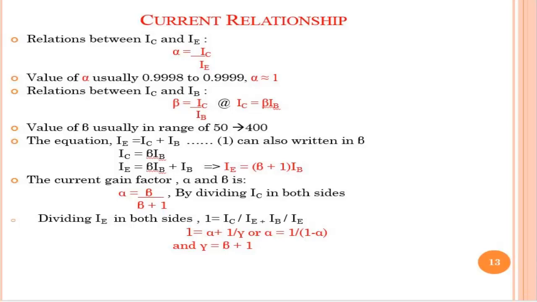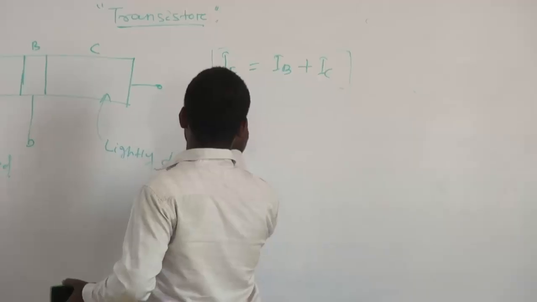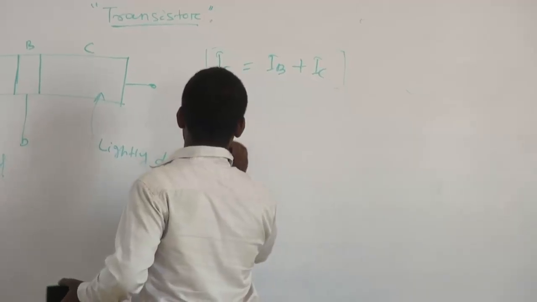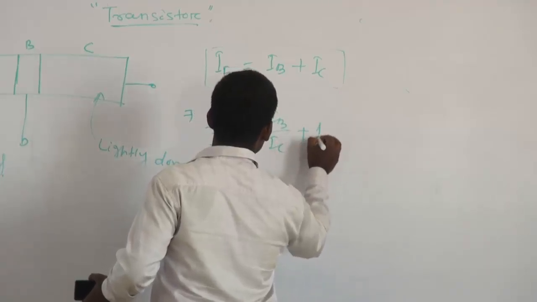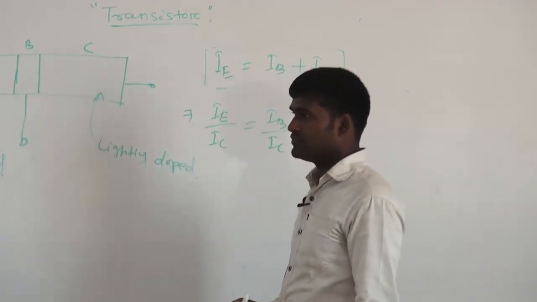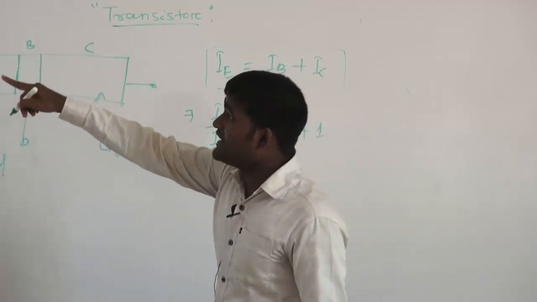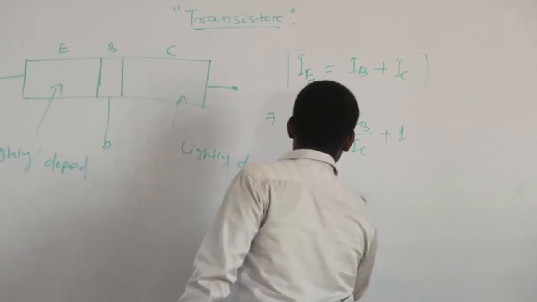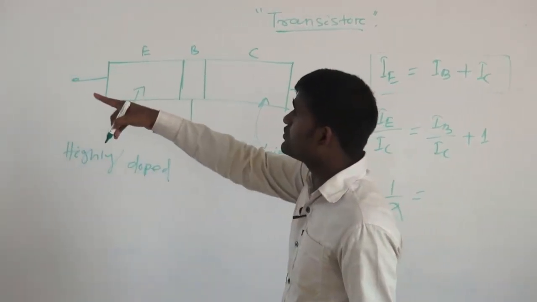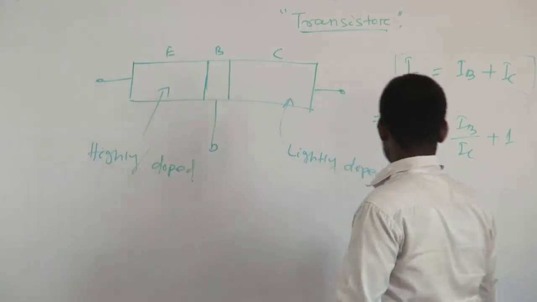Next, this is the current relationship. You know that IE is equal to IB plus IC. If I divide by IC, what will come? IE by IC is equal to IB by IC plus 1. IC by IE is equal to alpha, so IE by IC is equal to 1 by alpha. IB by IC is equal to 1 by beta.